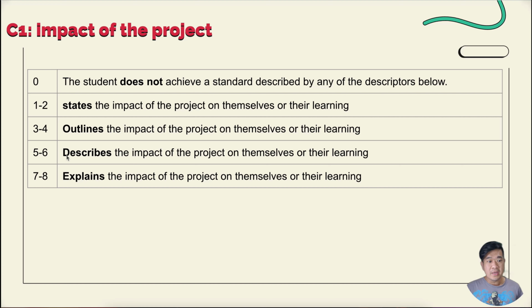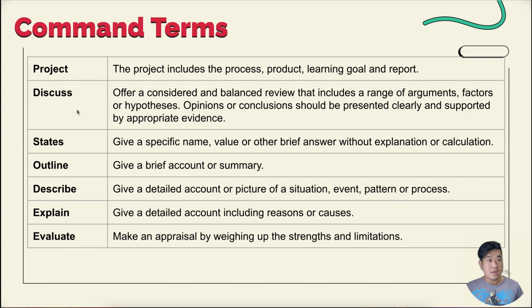Then you may see describe, outline, and state, to modify all the things that you have to work on to improve your own. Now, here are the command terms: discuss, state, outline, describe, explain, and evaluate. So read on this, so you can determine how to get the highest grade possible.